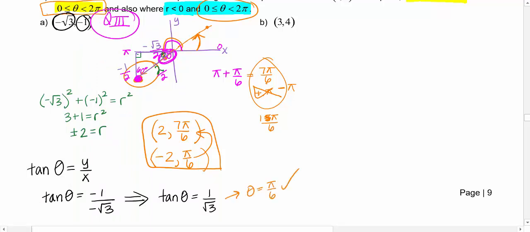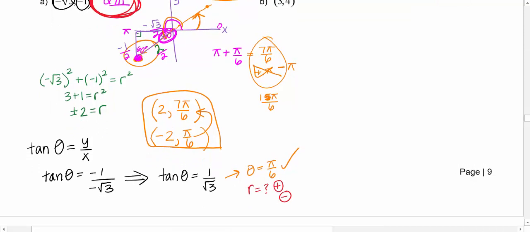Check, that is correct. But you are still not sure which r that is paired with, the positive or the negative. I guess you have a 50-50 shot. Well, if you know that your point is in quadrant 3, that's where you have to pair that with other knowledge that you have. You can't solely rely on the calculator.